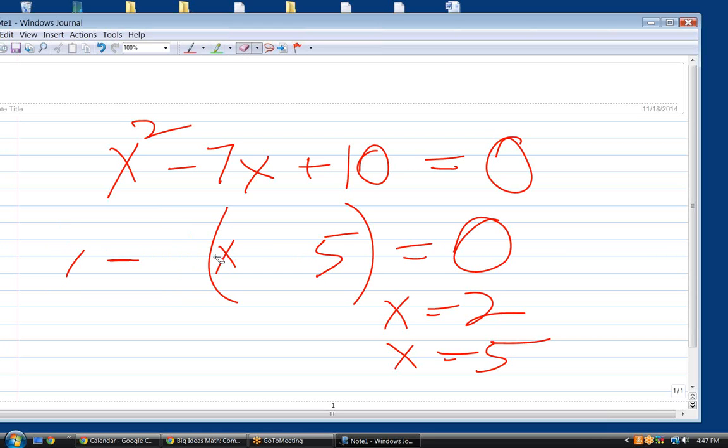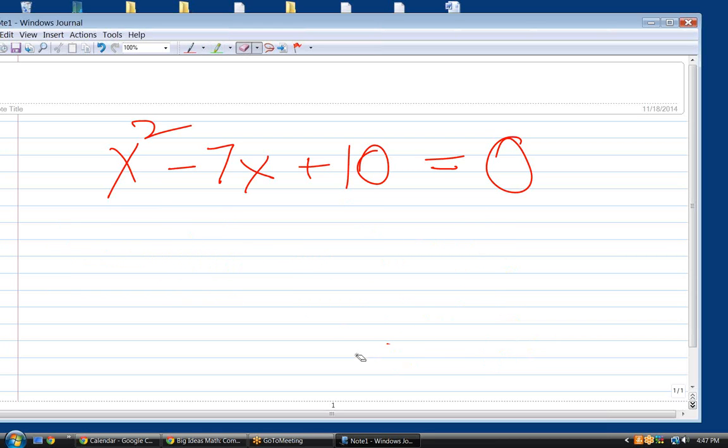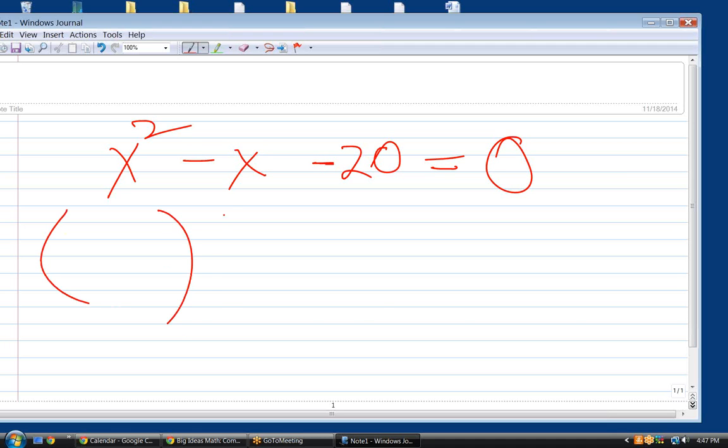All right. Make it slightly harder. Actually, as long as the coefficient of the x squared term is 1, then none of these are hard.